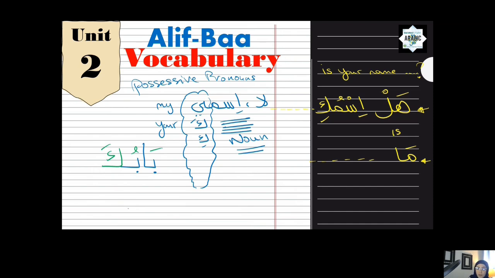And let's say you want to say my door. بابي. So here you say ba, and then you're doing ee, just like you have it here with my name is. So the my here is just this ya over here, and your is the ka when you're doing masculine.